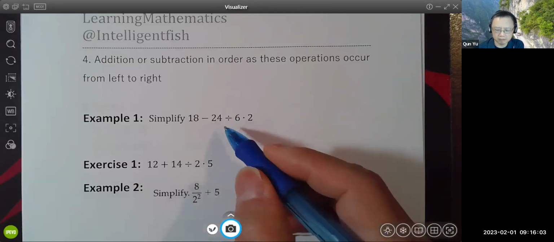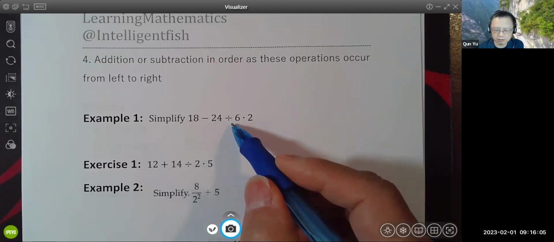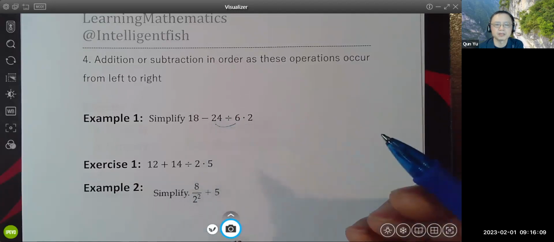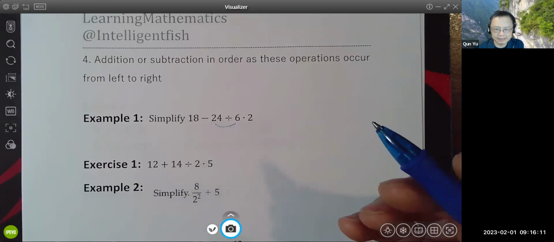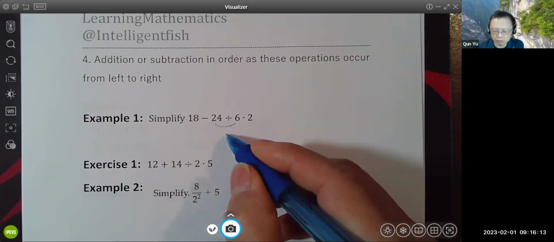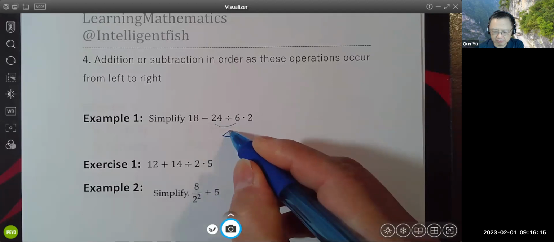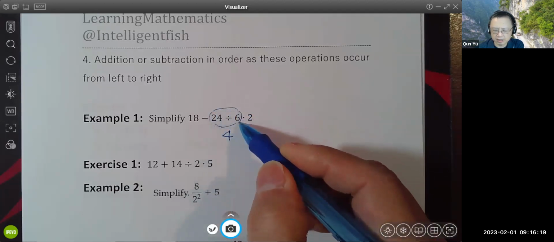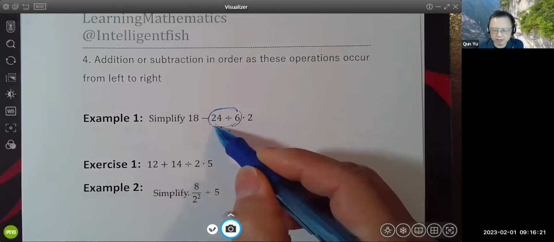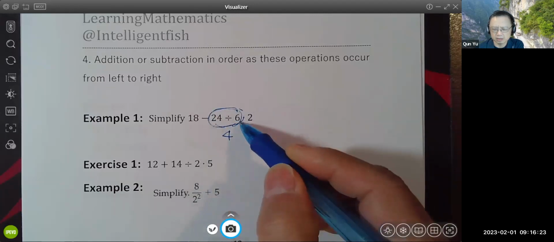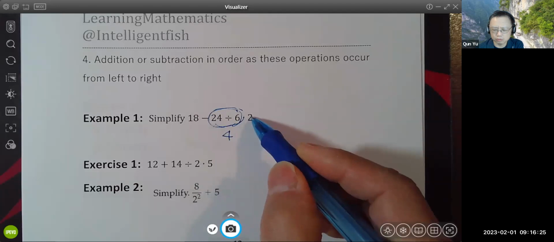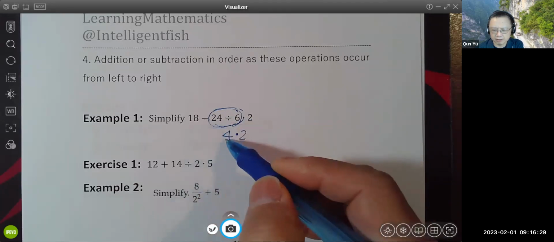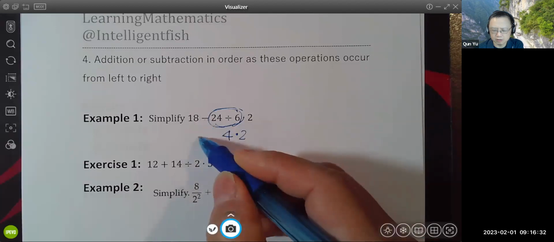So in this case, we are going to do division first, which is between these two numbers, 24 and 6. So 24 divided by 6 is 4. I'm going to do this step by step. After I get 4 for this operation, I just copy the rest of the expression. So we still have multiply by 2, and we still have 18 subtract in front of this 4.